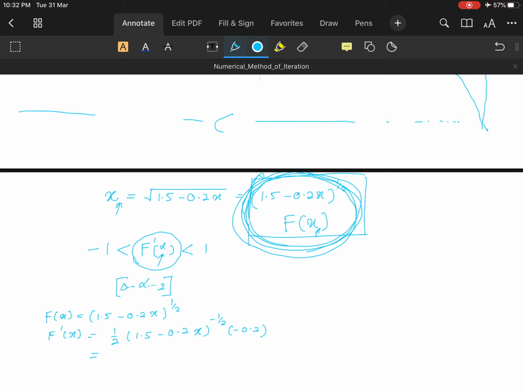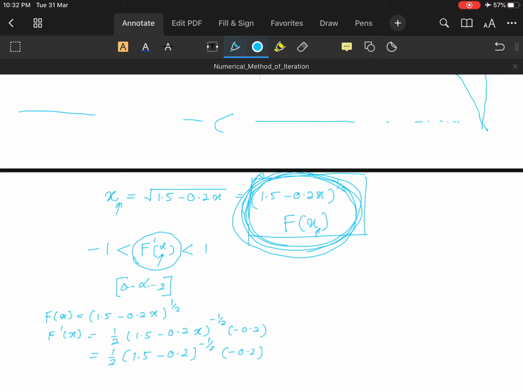If we pick a value, just now we picked 1, and of course we still don't know whether 1 is a root or not, but as long as it is in the interval. So let's substitute 1. If you substitute 1, we have 1.5, minus 0.2, to the power of 1/2, and you calculate this.